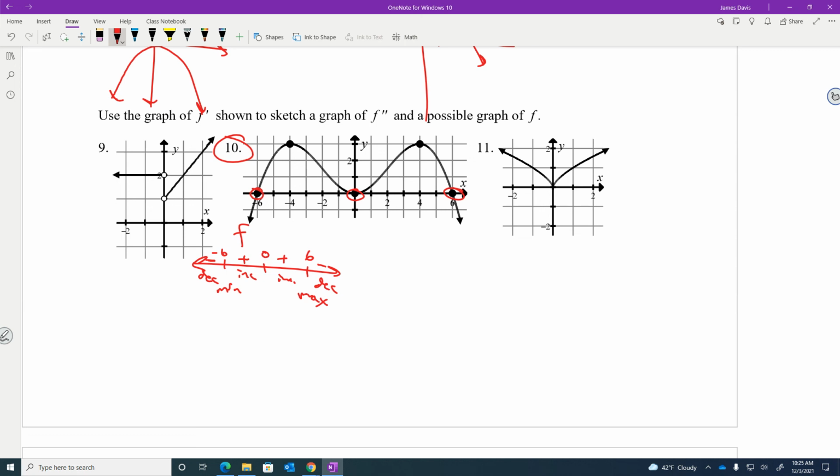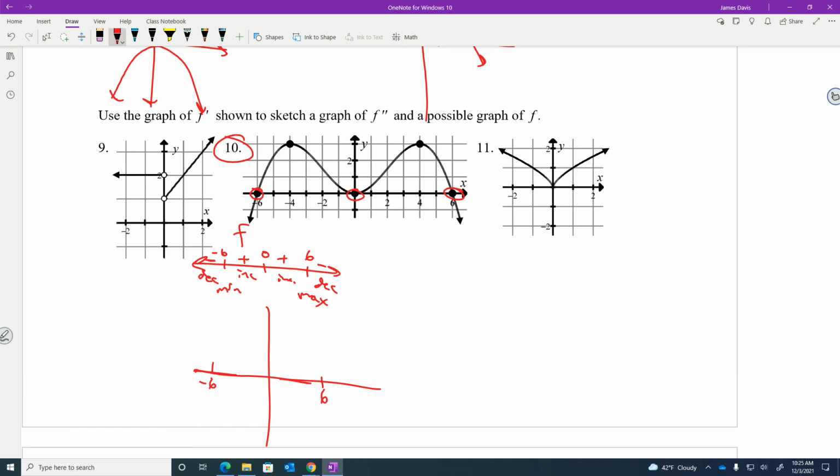We don't have a starting point, and I'm just going to say this is -6 out here, +6 over here.